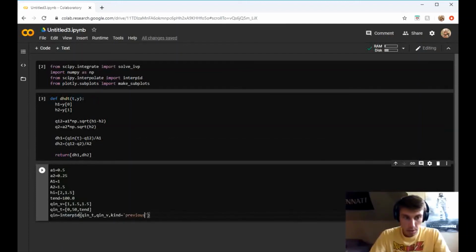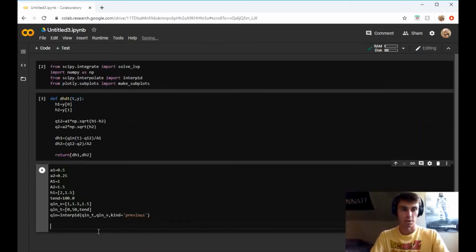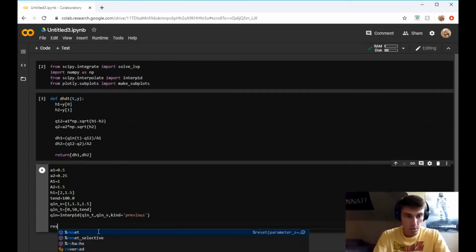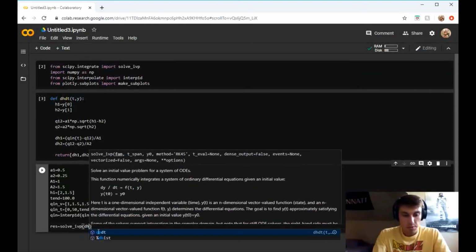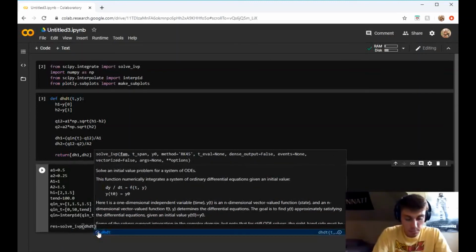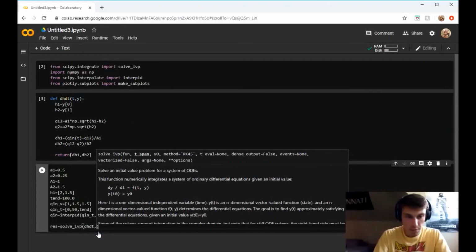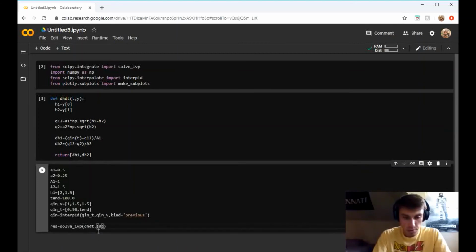Now that we got this, we can move on to the figure. We want to first solve this IVP, the differential height equation. We want that from 0 to T end.